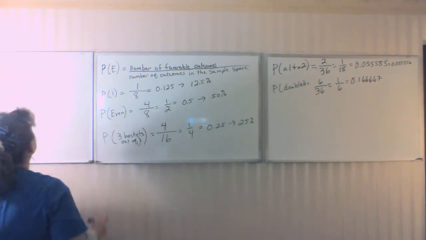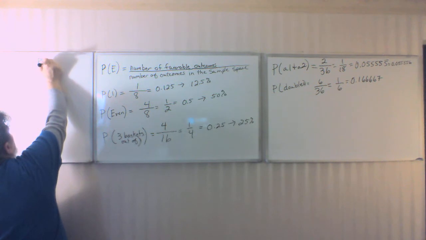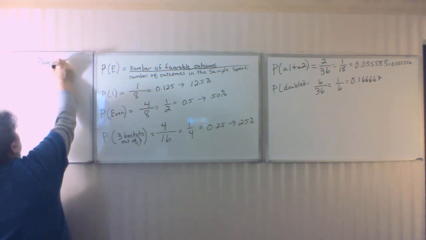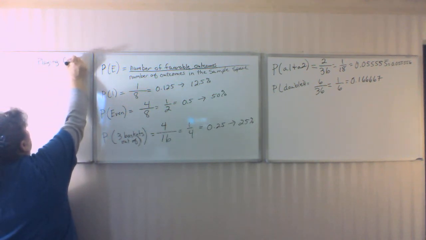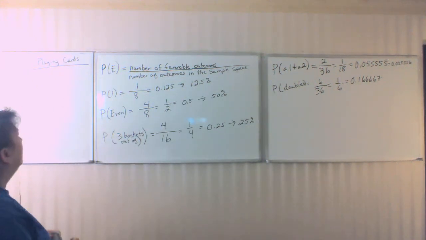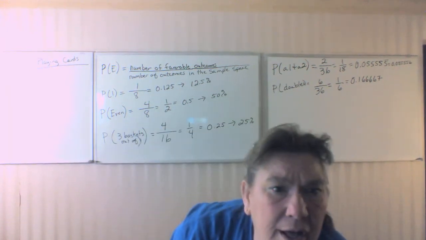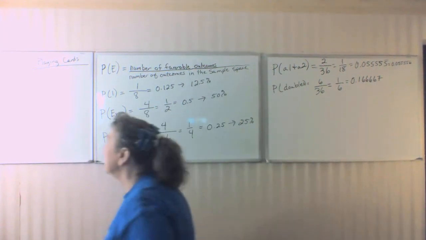When it asks you about a card deck or playing cards, what are some information that you need to know? First of all, you need to know how many cards are in the deck.